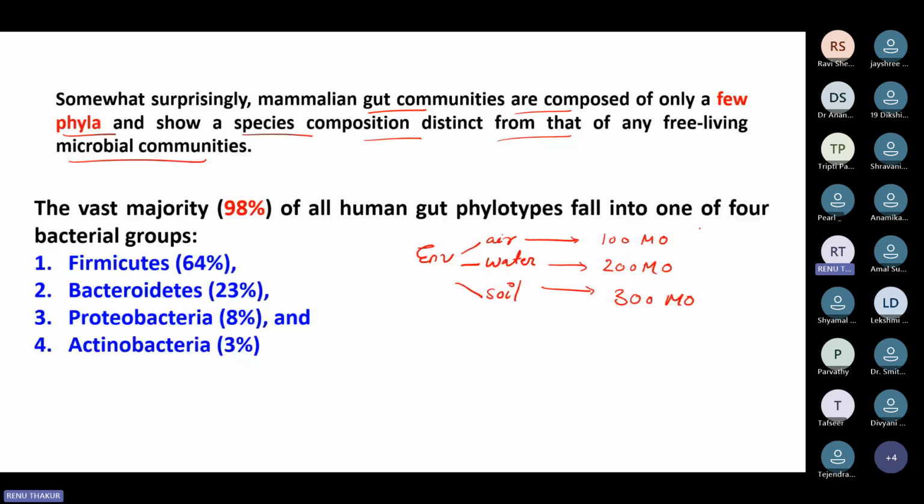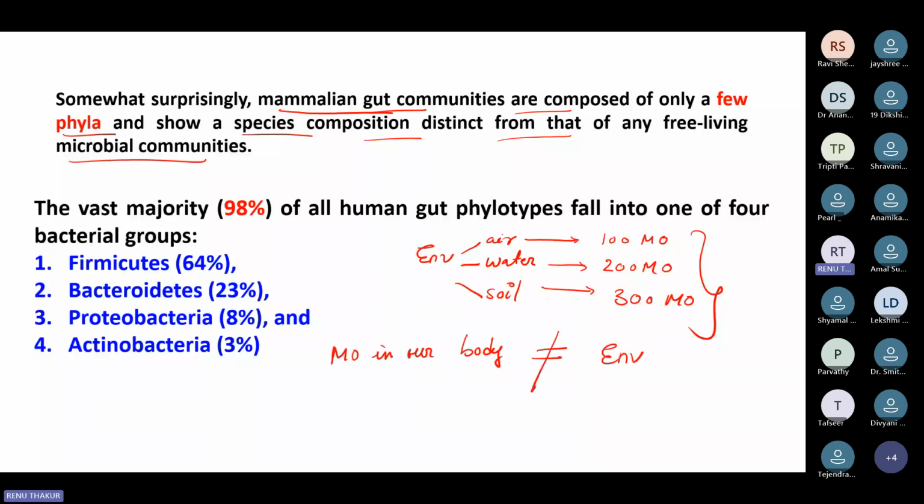What I am trying to explain to all of you is that our body gut, the mammalian gut, is composed of a different kind of microorganisms which is not at all related to whatever we have in our environment. The microorganisms in our body are not at all equal to what we have in the environment.